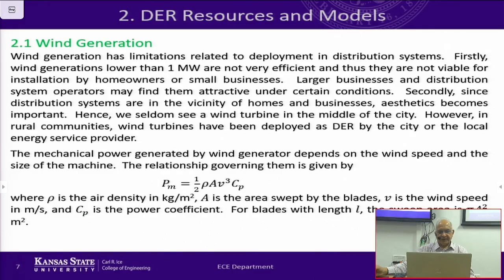For blades with length L, the swept area is pi L squared. This is the standard equation for power generated by wind generators.